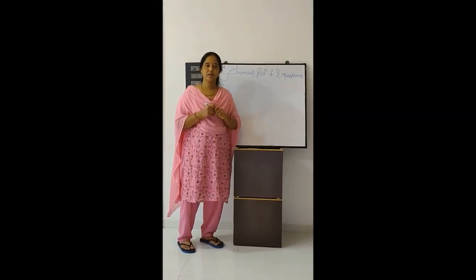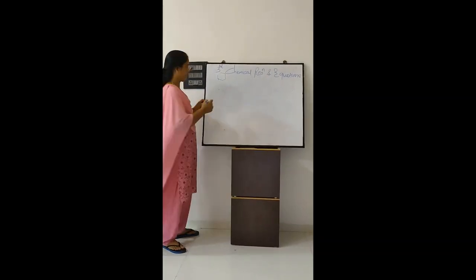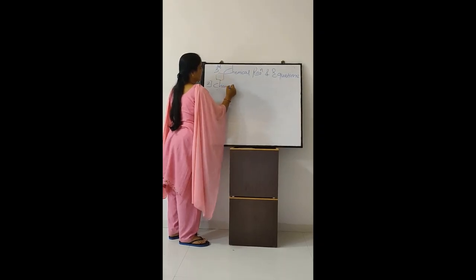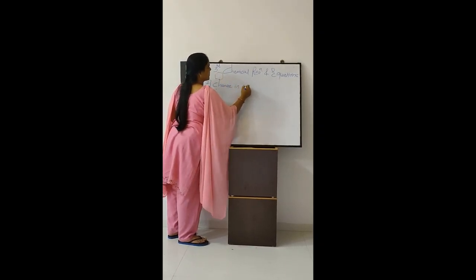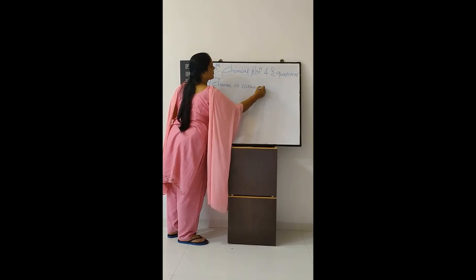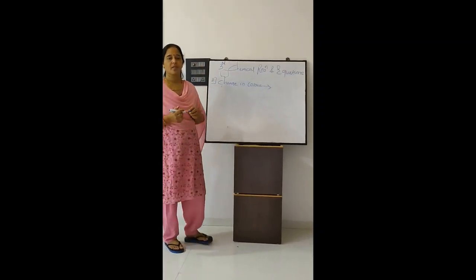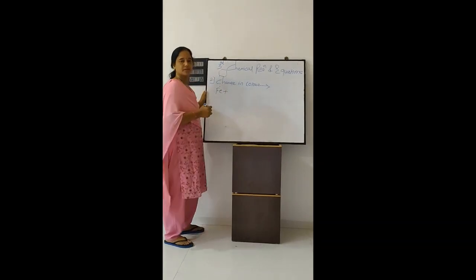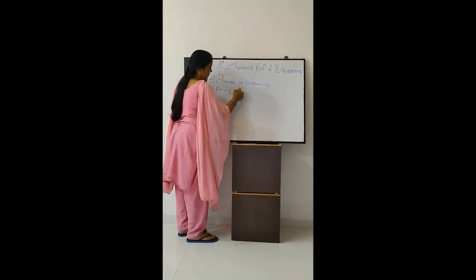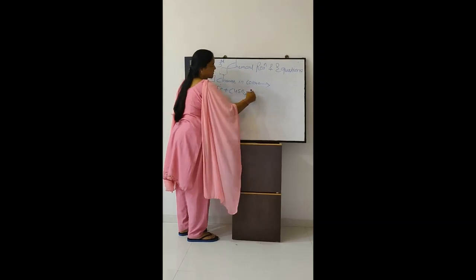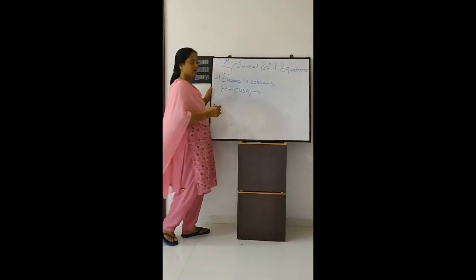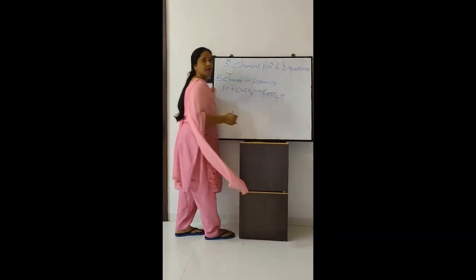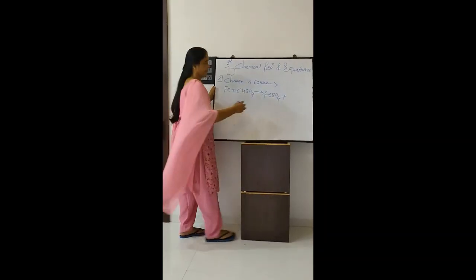Now, second characteristic, change in color. Iron plus copper sulfate gives iron sulfate and copper.